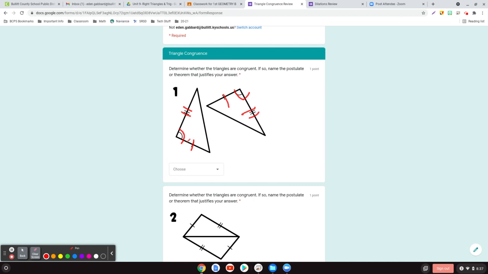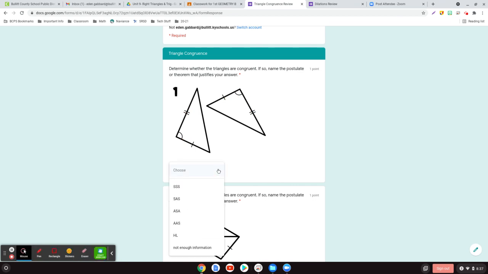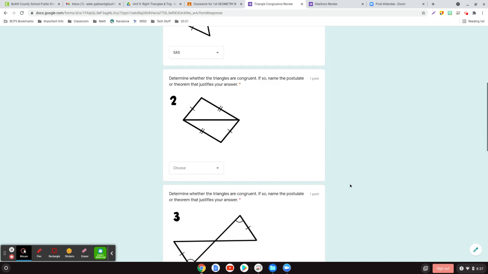So let's go to our notes and look at which one talks about 2 sides and an included angle. Well, hopefully you said that 2 sides and an included angle is SAS, side, angle, side, because our angle is in the middle.